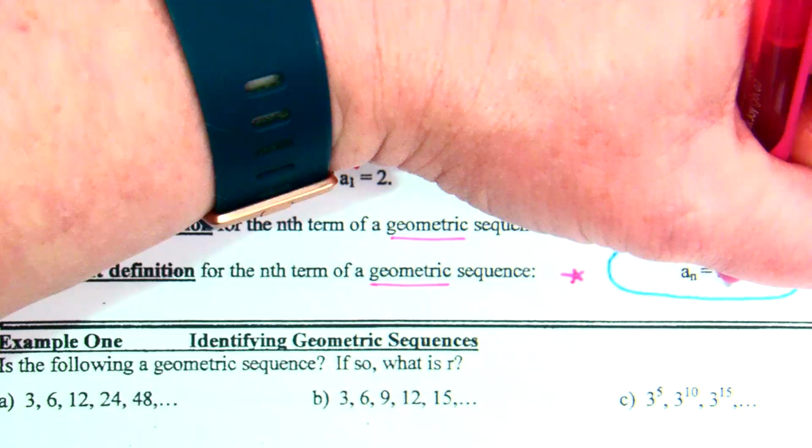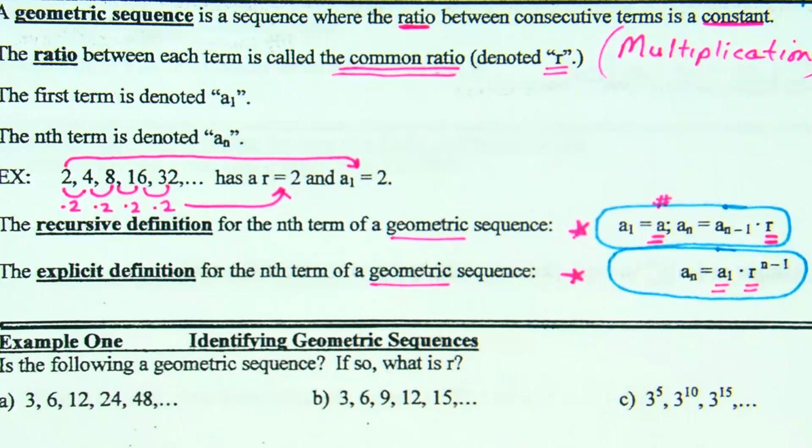Again, you have to be able to fill in A of 1 and R. The n minus 1 in the exponent will stay as is, and that's A of n for you. Okay. Got some basics in there for you, right?